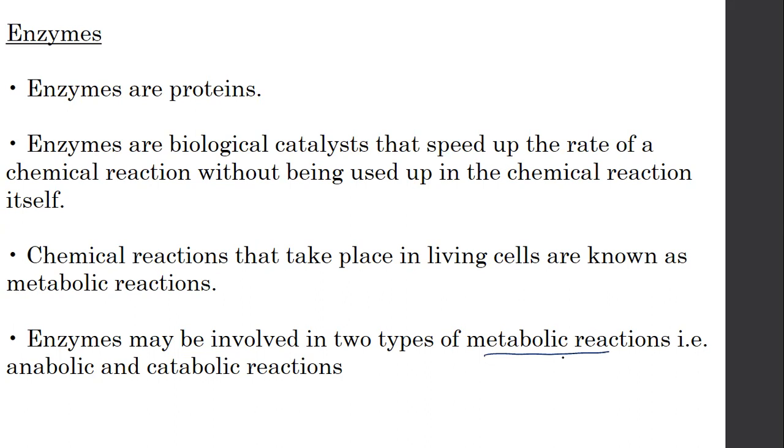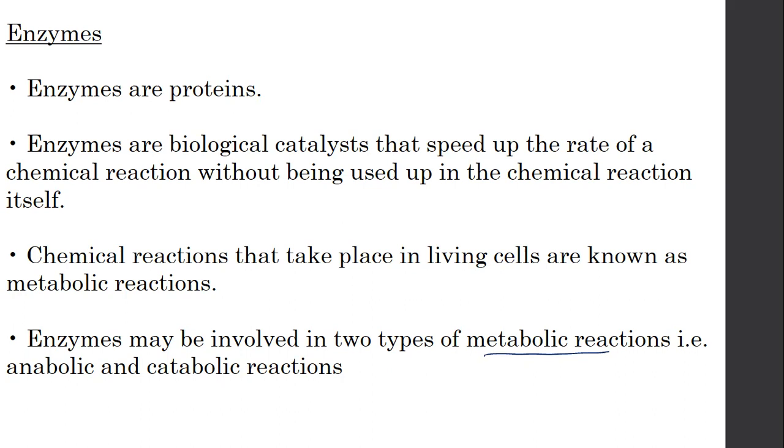The specific metabolic reactions are namely anabolic and catabolic reactions. When you talk about anabolic reactions, we are talking about reactions in which we are building up. When you build something through a chemical reaction, we say that reaction is anabolic. It's when we build up. But a catabolic reaction is a type of reaction whereby we are breaking down.